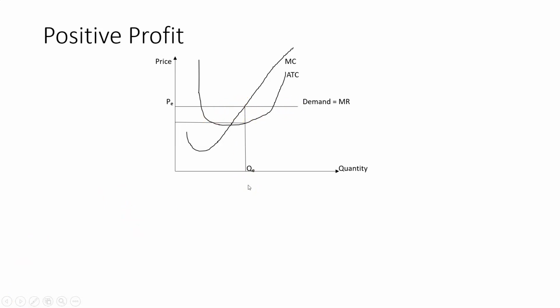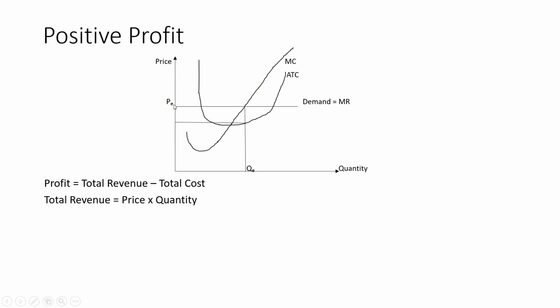Remember how you calculate profit. Profit is calculated as total revenue minus total cost. Total revenue is found when you take price and multiply it by quantity.